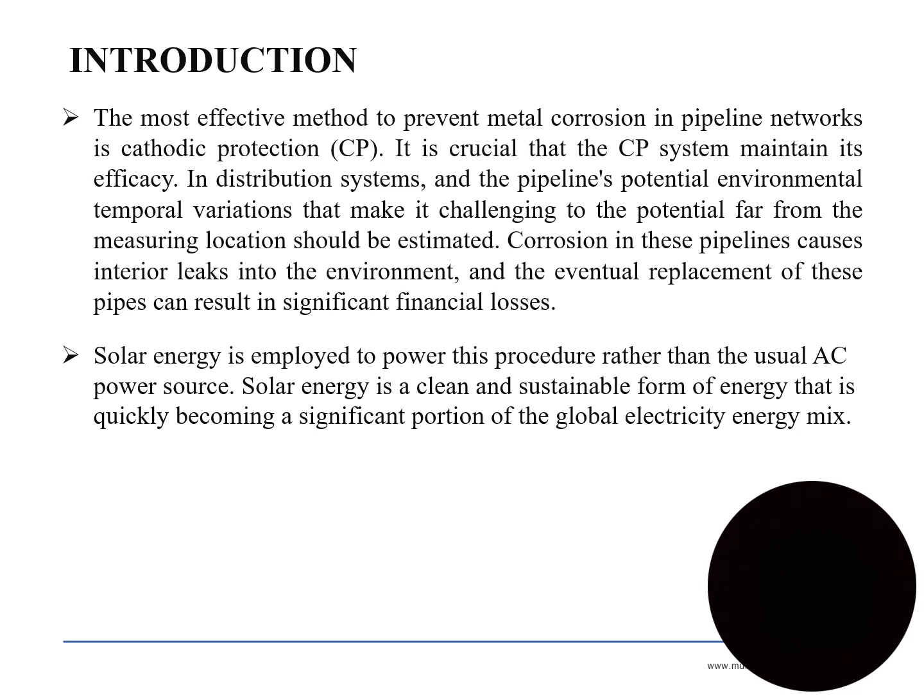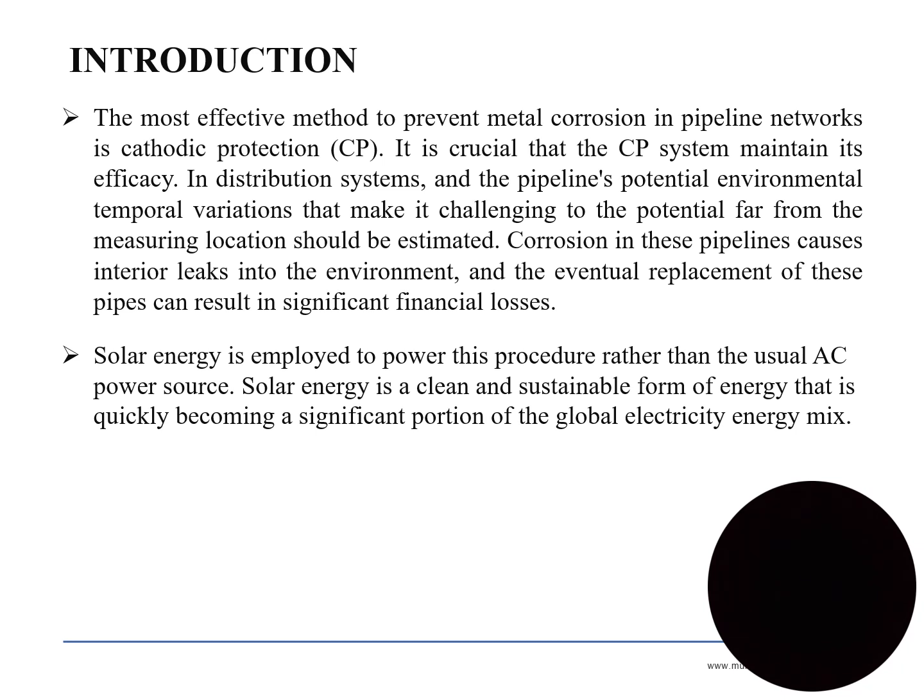On the other hand, solar energy is employed to power this procedure rather than the usual AC power source. Usually in cathodic protection stations, we take the AC supply from hydro, and in Pakistan we take it from the Water Power Development Authority.